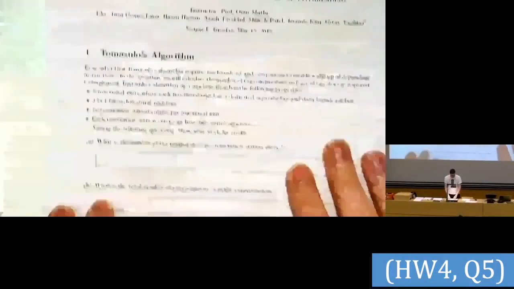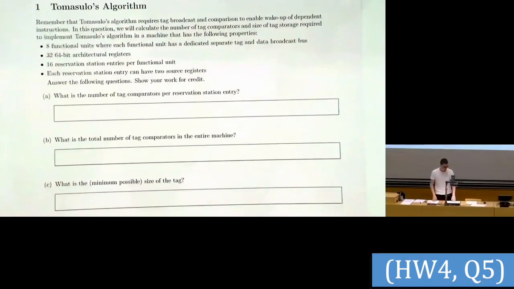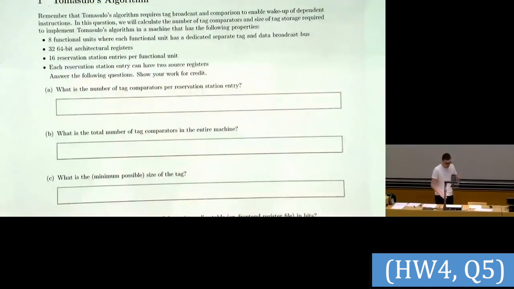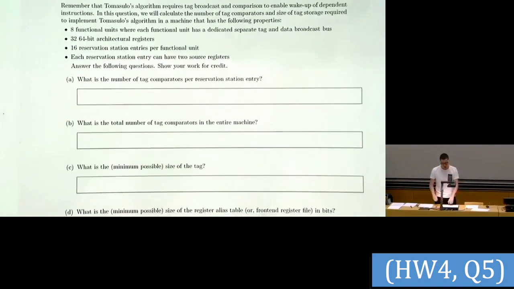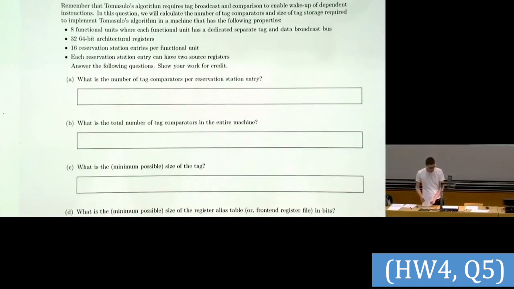Okay, so we will continue with this question on Tomasulo, and I think Professor Mutlu already showed some examples during the lectures, but this is an important concept that we can go over once more.